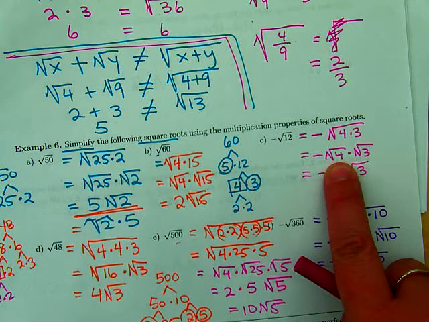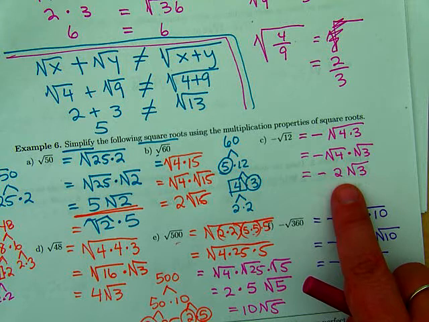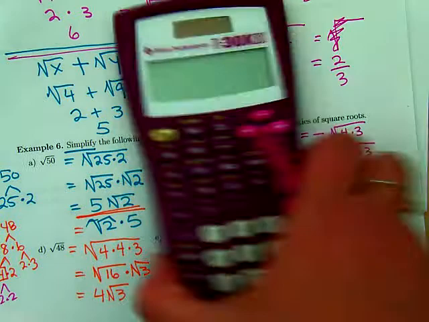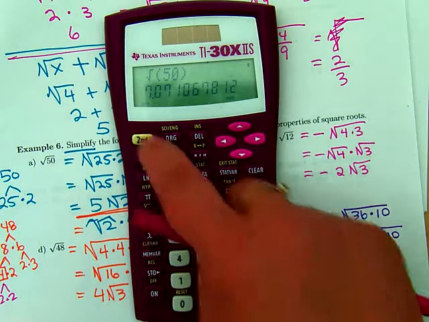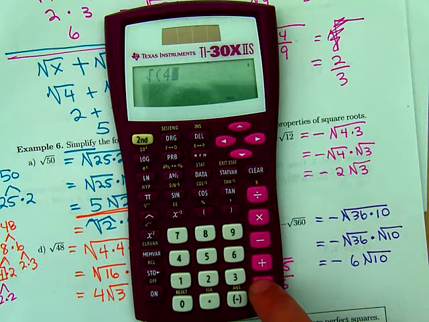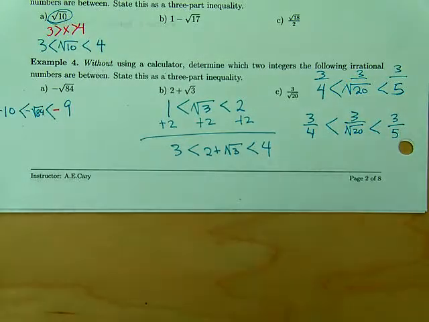What number times itself is 4? 2. Yeah. So only one 2 comes out because we're just going back to the idea of what is the square root asking us? Square root of 4 is saying what number times itself is 4, and that number is 2. Okay, so only when the number is a perfect square.